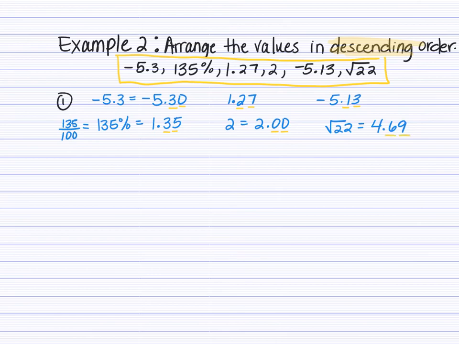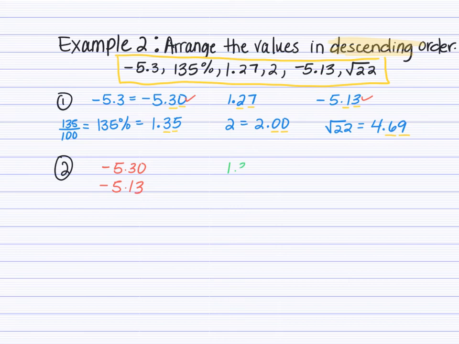All right, so now that I have step 1 done, where I've gotten everything converted to a decimal with the same number of places, my next step is step 2, where I'm going to separate my positives and negatives. And then just for visual effects, I'm going to put my negative numbers in red. Okay, got that one. This one. Looks like those are my only 2. 5.13. I'm going to put my positive numbers in green.